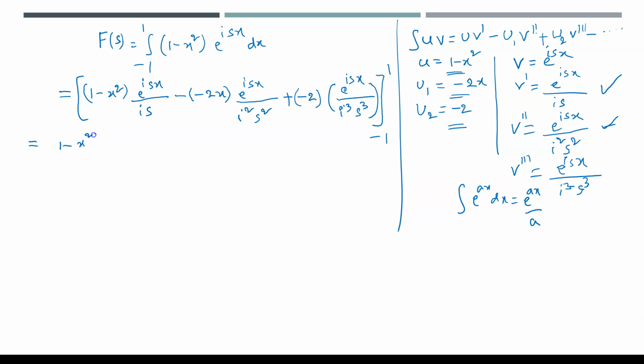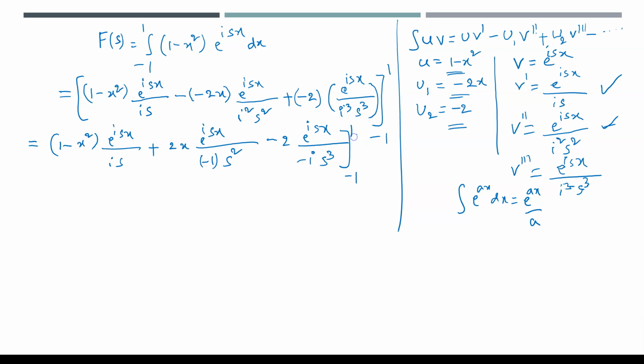1 minus x square into e power isx upon is, plus, minus into minus plus, 2x into e power isx upon i square, meaning minus 1 into s square. Here minus 2 into e power isx upon i cube, meaning minus i into s cube, under the limits minus 1 to 1.